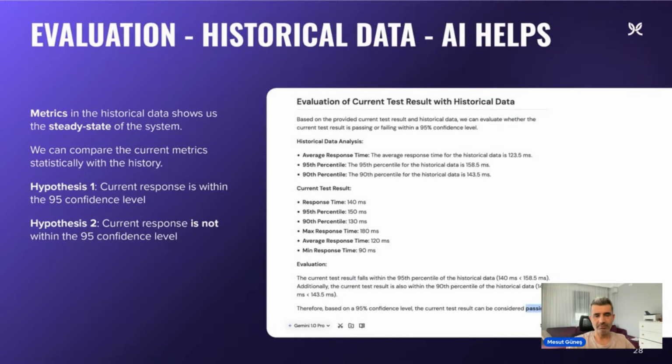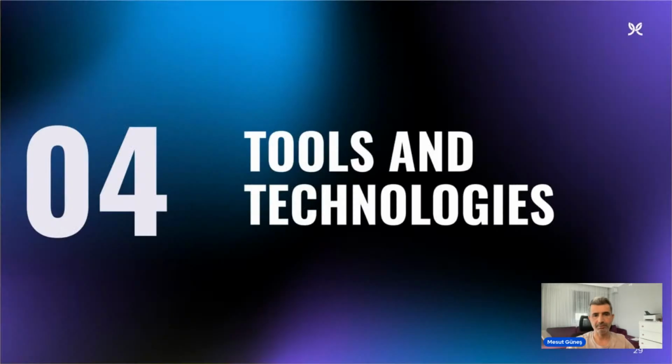Within this examination, the AI returns that your data, on the last line, based on the 95% confidence level, the current test result can be considered as passing. So AI evaluates my historical data and historical runs.